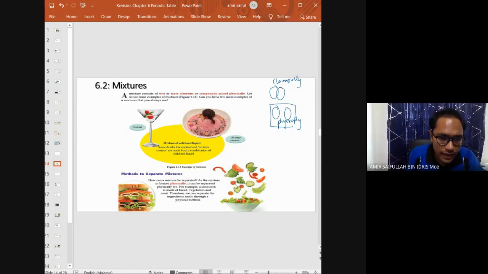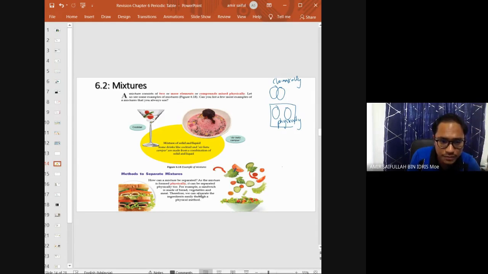Like the salad, you can see the tomato, they are in one place, but they are not chemically combined together. Although they are in one same place, they are not mixing together. So this is what we call formed physically. When they are formed physically, they can be separated physically too.